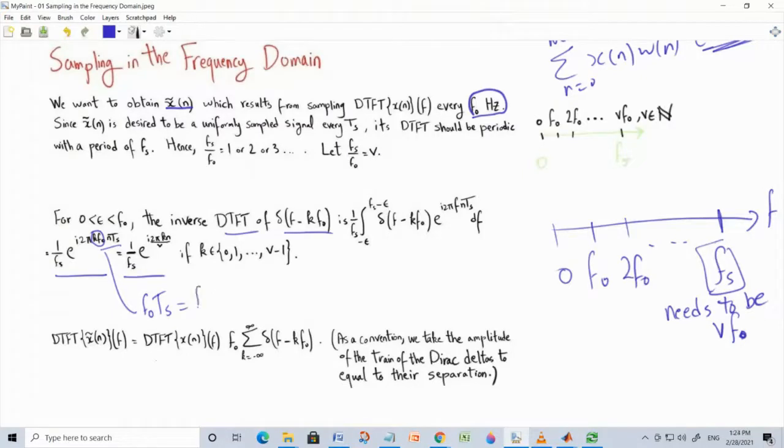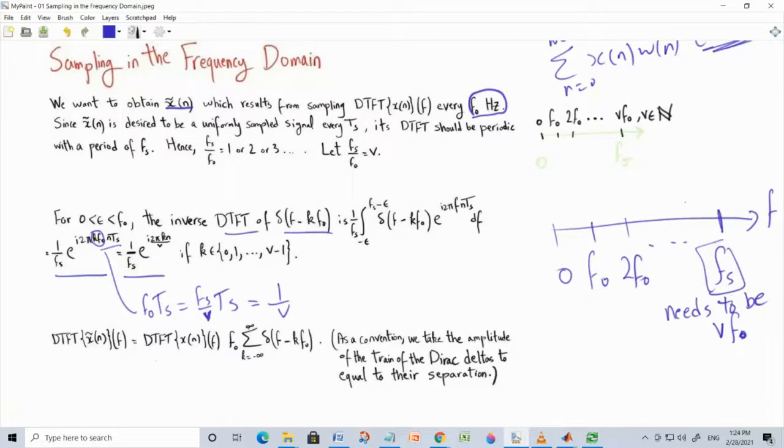F0 is equal to Fs over V, and Ts and Fs are the reciprocals of one another, so this is 1 over V. And so you get, in simplified form, this factor 1 over Fs e to the i 2 pi kn over V, for k from 0 to V minus 1.